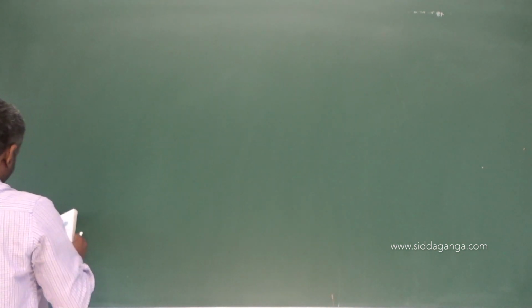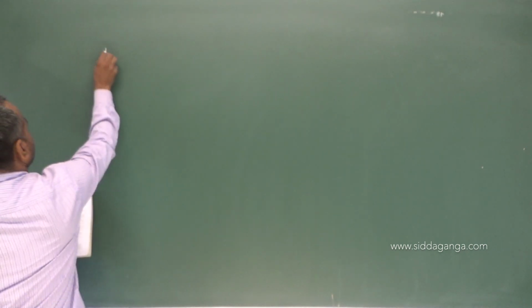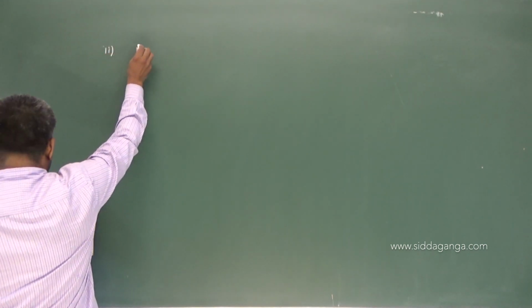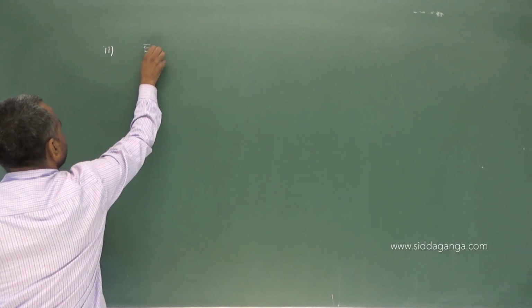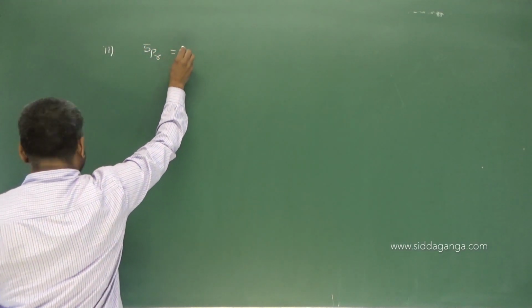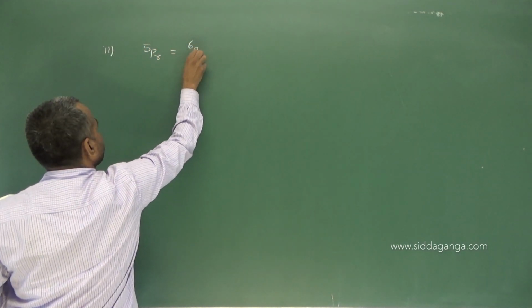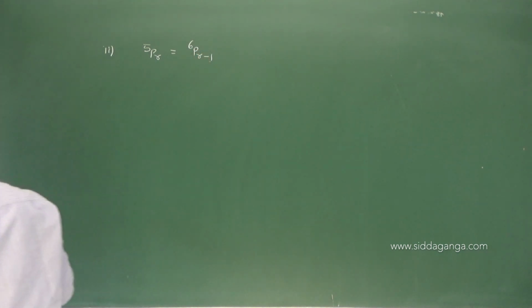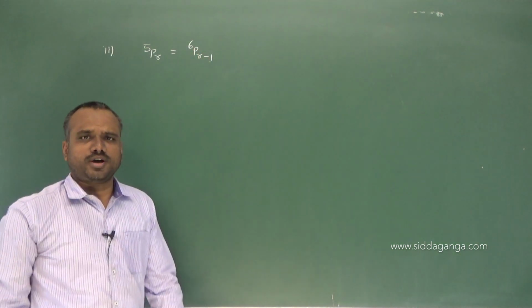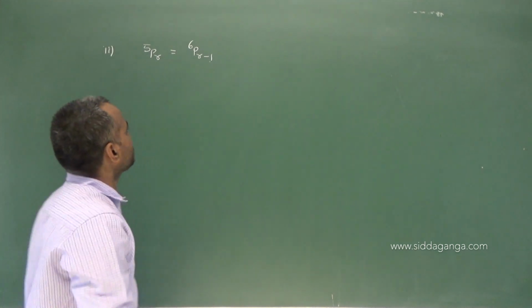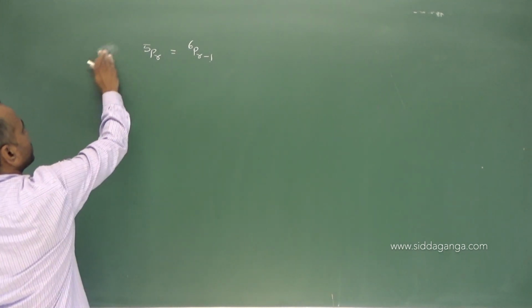Next one, same question, second question. 5Pr is equal to 6P(r-1).